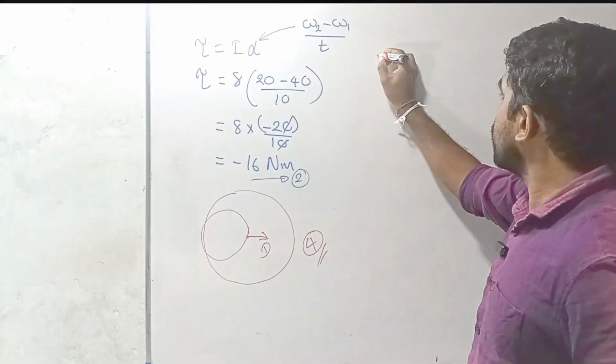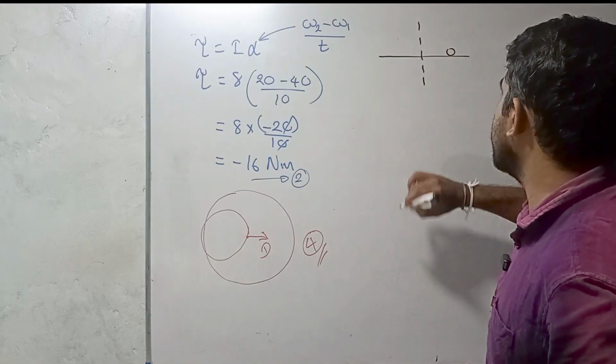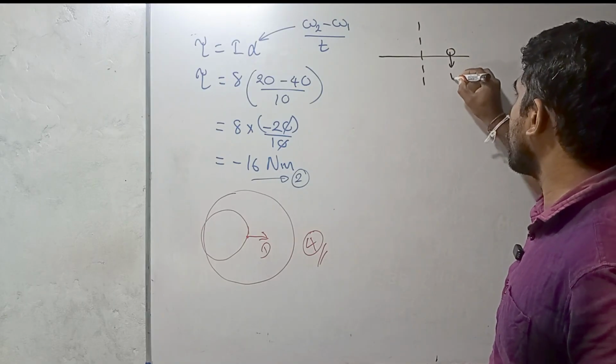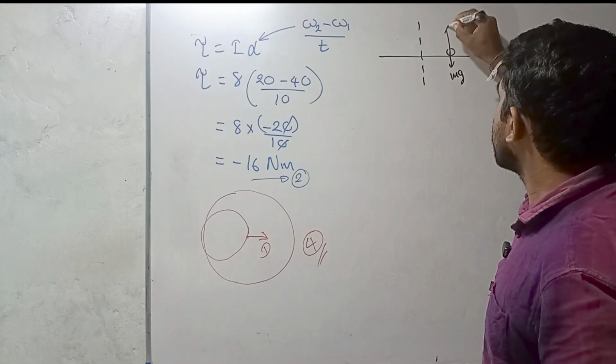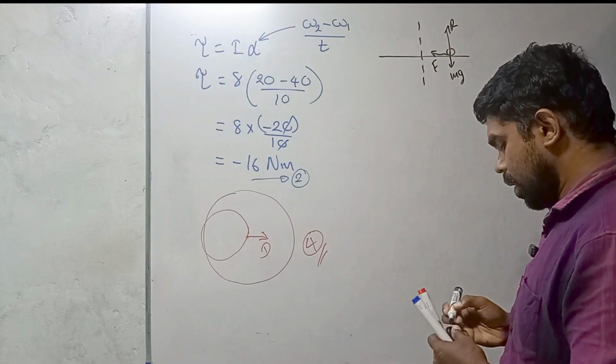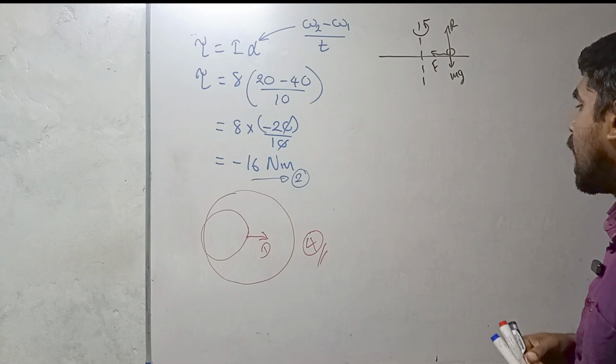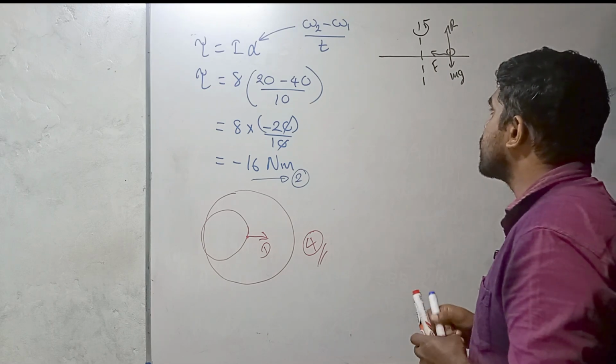If this one is the turntable and this one is the coin, we can mark the forces on the coin: weight, reaction, frictional force. When rotating, we can use F equals ma towards the center.